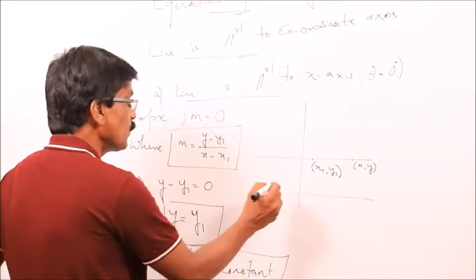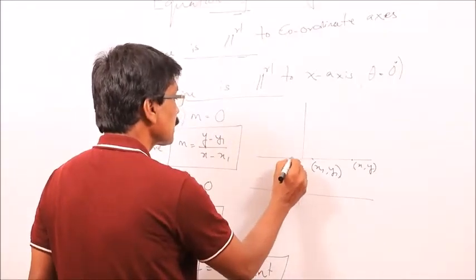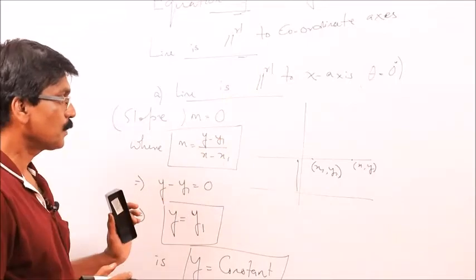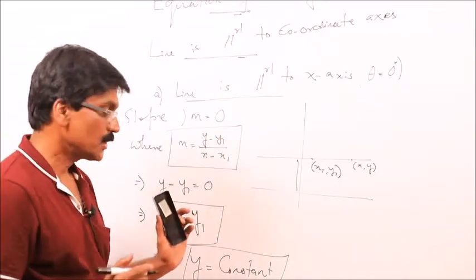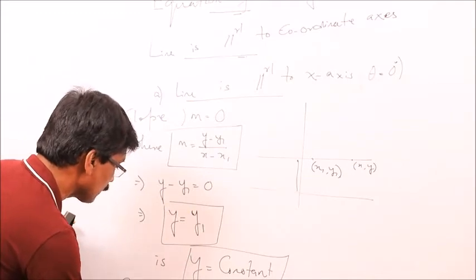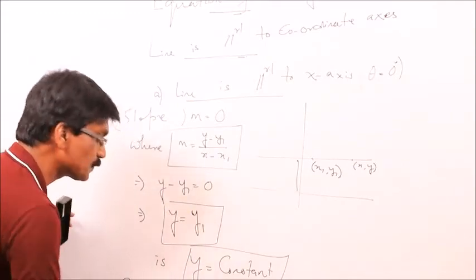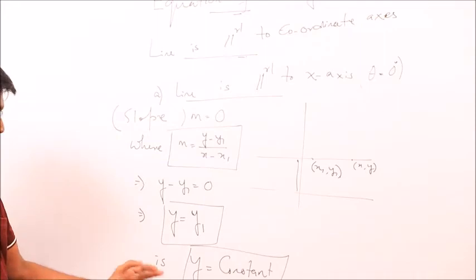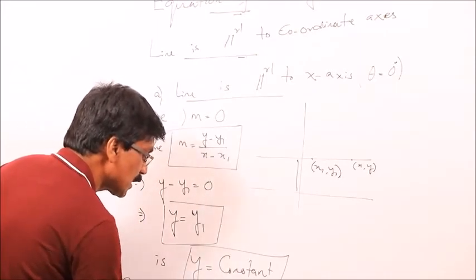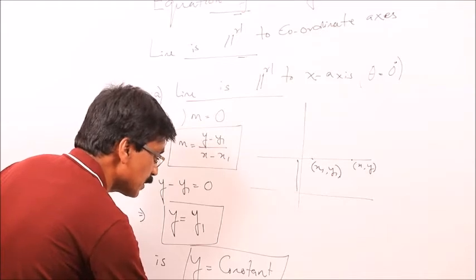So, that means we move along the y axis. Suppose y is equal to minus 2 is a line which is parallel to the x axis and at a distance of 2 units below the x axis.